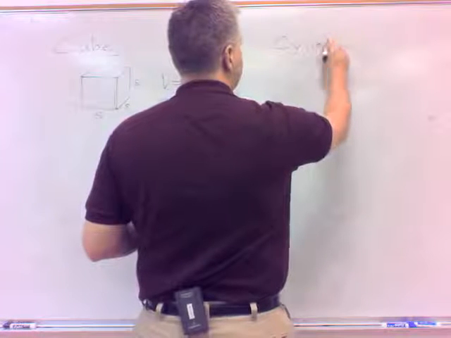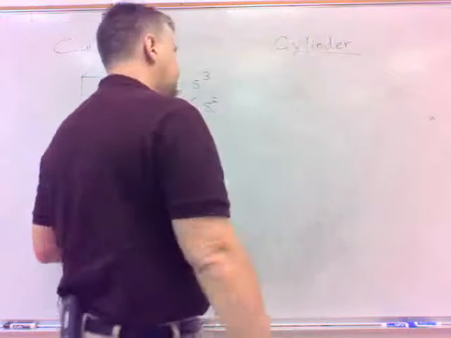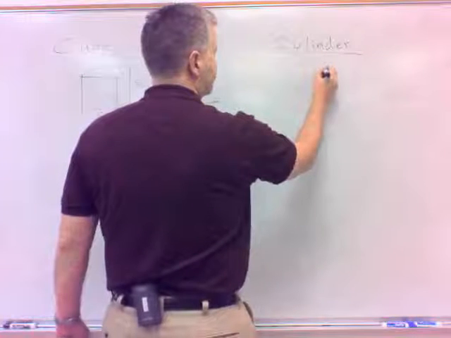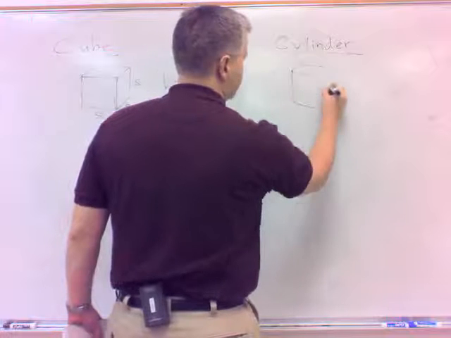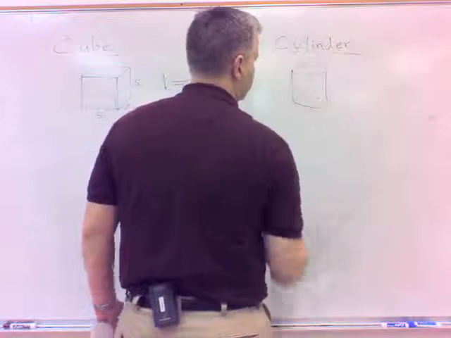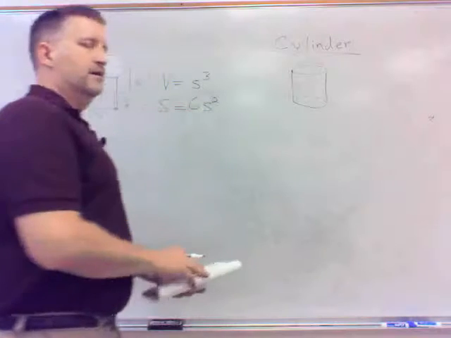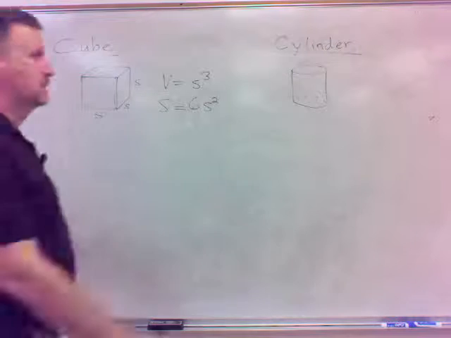Circular cylinder. All right. So a cylinder has a circle and the body, and then you've got the circular base. It's a can shape is what we're talking about.